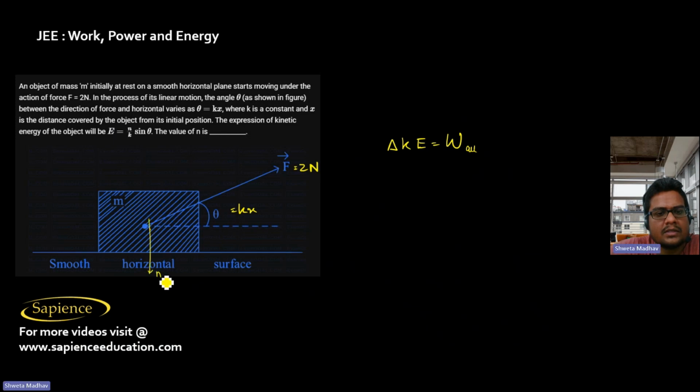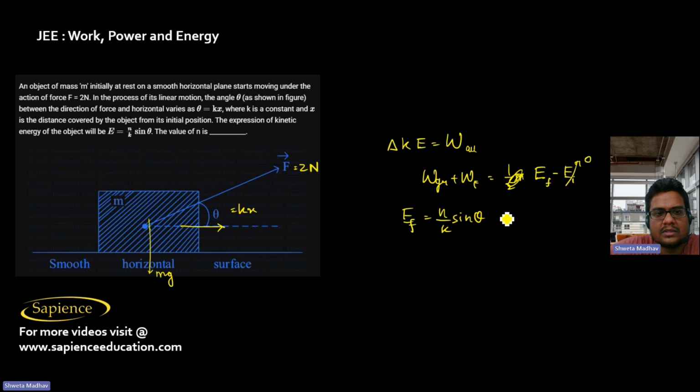Work done by weight, that is by gravity, will be 0 since the displacement is perpendicular to the weight. Therefore, work done by gravity plus work done by the force F is equal to change in kinetic energy. It starts from rest, so the initial kinetic energy will be 0. So the final kinetic energy, it has been told, is equal to n by k sine theta.